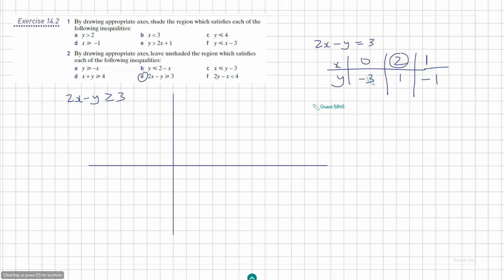So you take any two of these points. Let's say you take 0, minus 3 and 2, 1. So where is 0, minus 3? Can you move your mouse and show the location?